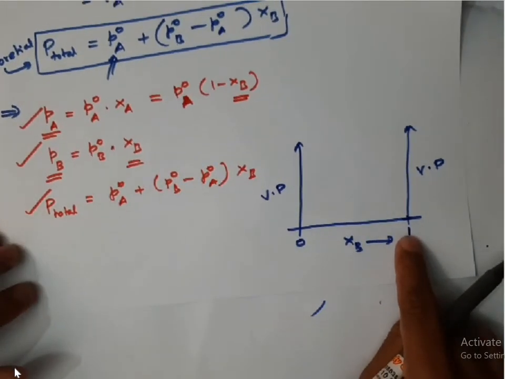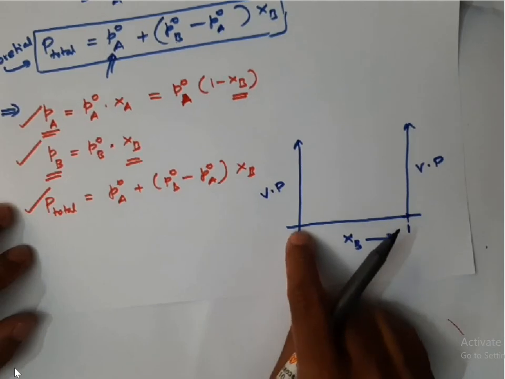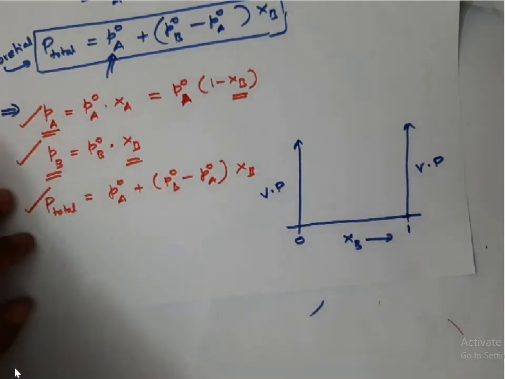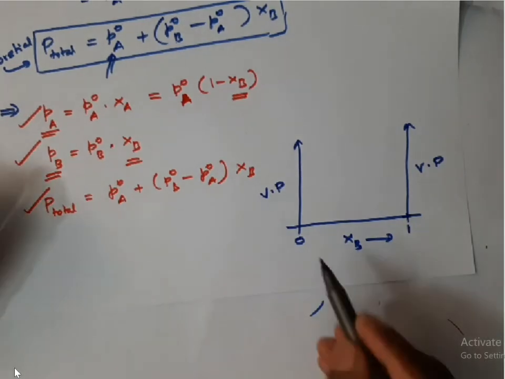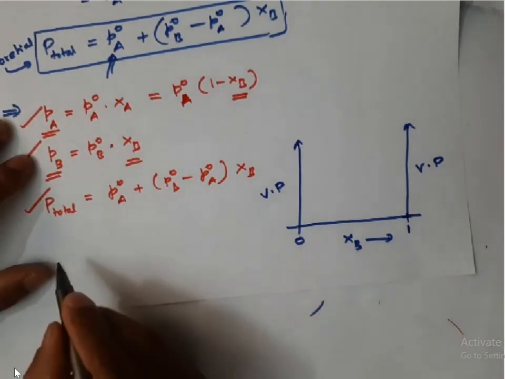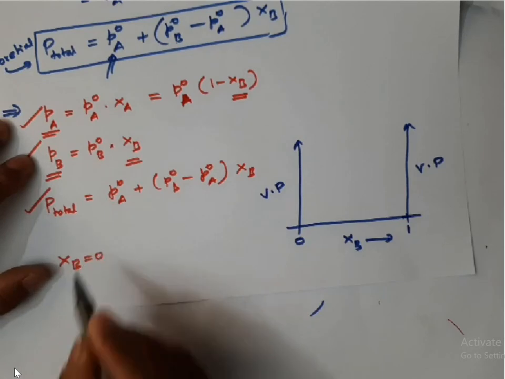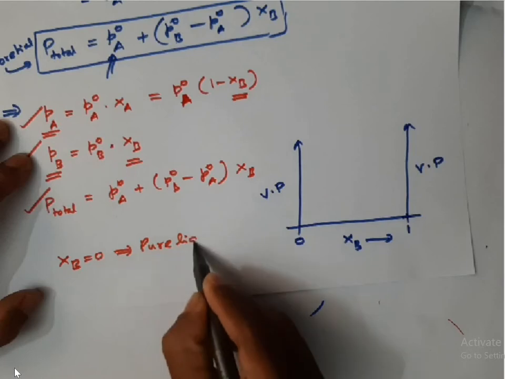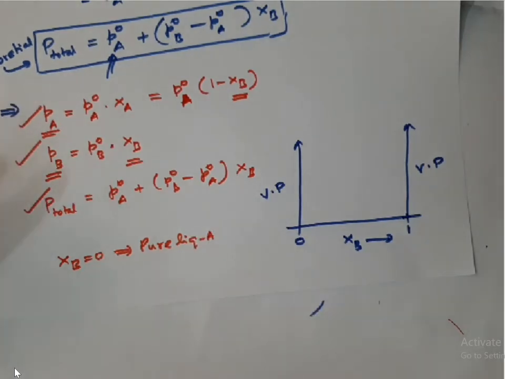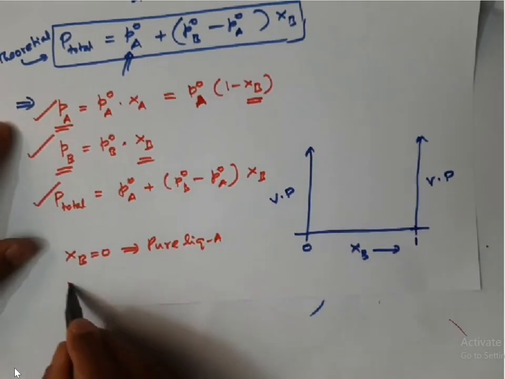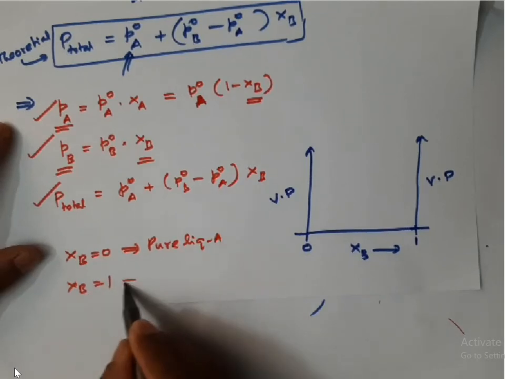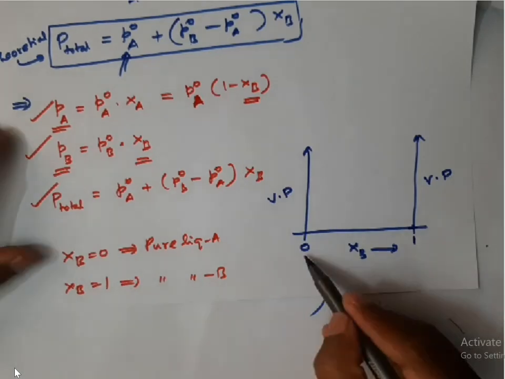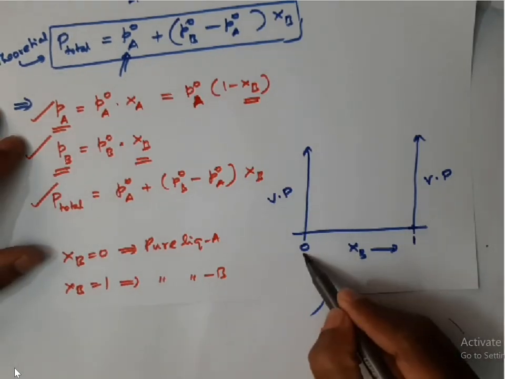If it is pure liquid A, then mole fraction should be 0. Now students, observe carefully. XB is 0 meaning we have only pure liquid A. If mole fraction of B is 1, which means we have pure liquid B. That's the meaning.